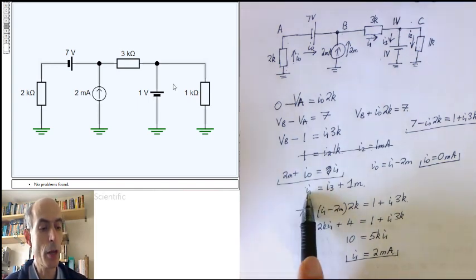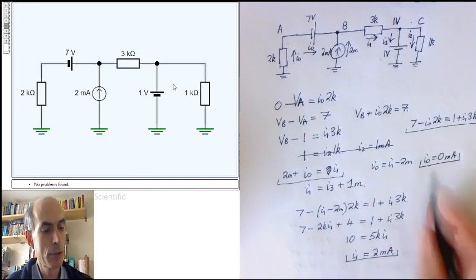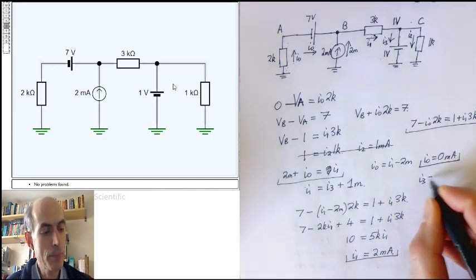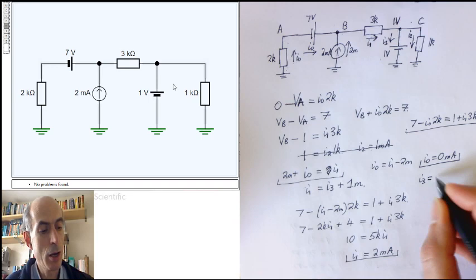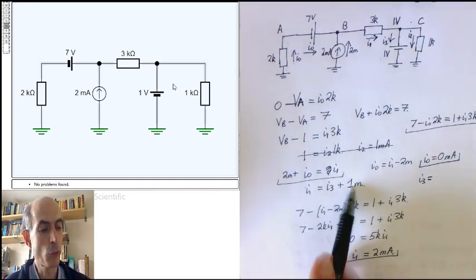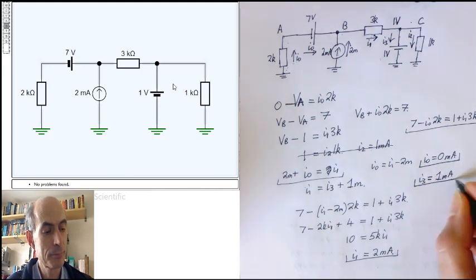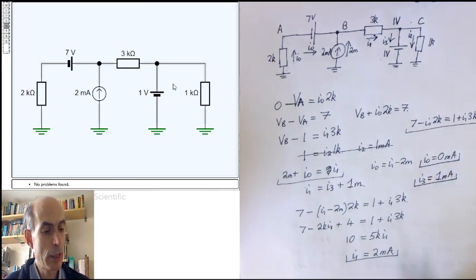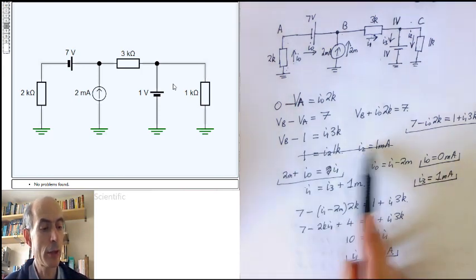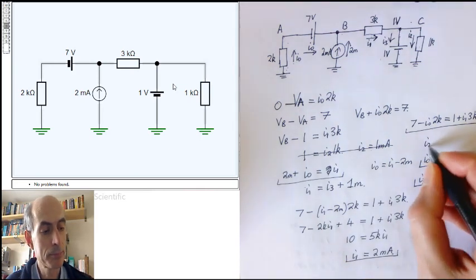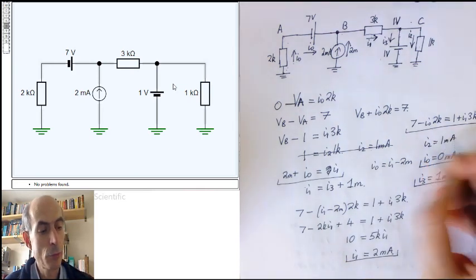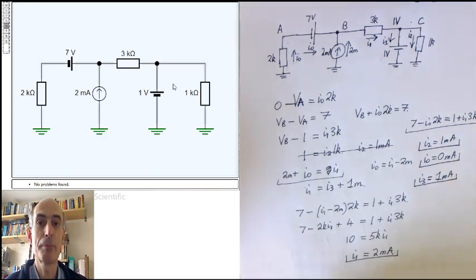I3 is I1 minus 1 milliamp, so that would tell us that I3 was 2 milliamps minus 1 milliamp, or just 1 milliamp. That only leaves I2, and we know that I2 is 1 milliamp.